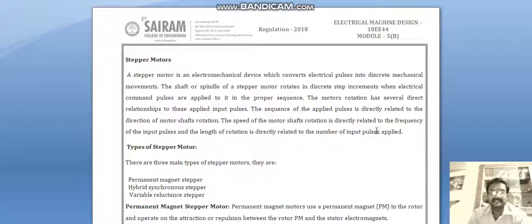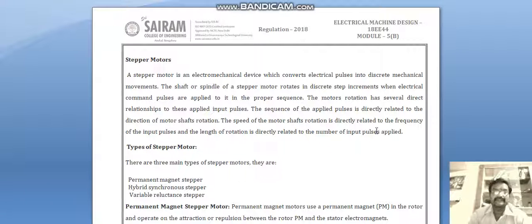Based on the signal, it increases its rotation step by step when electrical command pulses are applied in the proper sequence. The motor rotation has several direct relationships to these applied input pulses. The sequence of the applied pulses is directly related to the direction of motor shaft rotation. The speed of the motor shaft rotation is directly related to the frequency of the input pulses, and the length of the rotation is directly proportional to the number of input pulses applied.